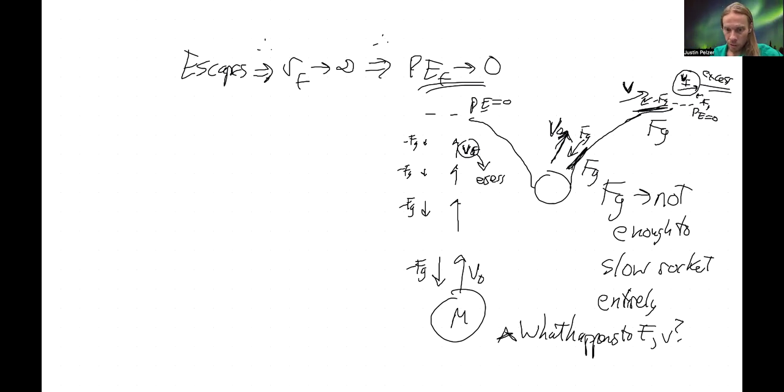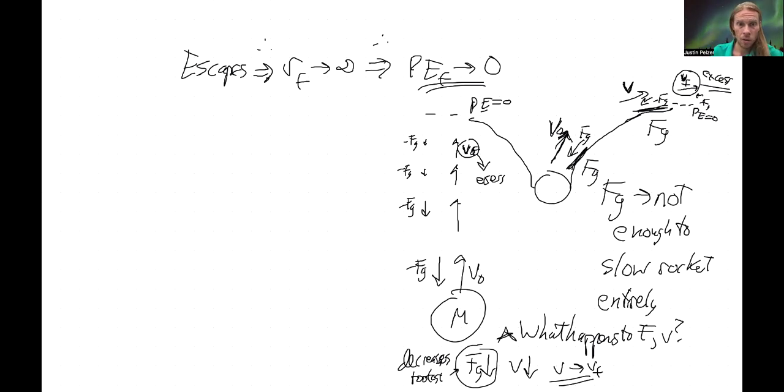Fg decreases, velocity decreases, but this decreases too fast. And this approaches some final velocity, the velocity that is like an excess. The force decreases too fast. That's the answer to that question. So R final goes to infinity, PE final goes to zero. That's what happens to that.